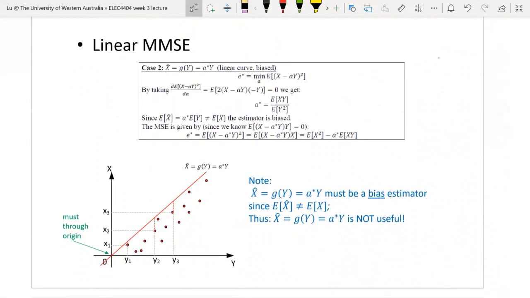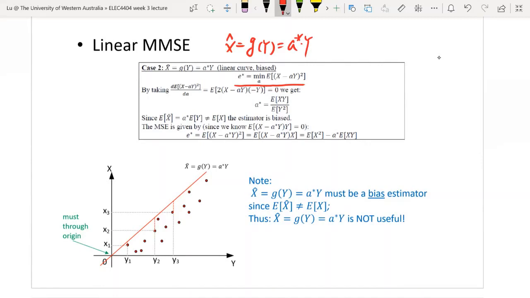This is the x hat equal to g(y) equals a star times y. A star means the best A, of course. Okay. This is a linear estimator, but biased. First of all, repeating what we have done before, we are going to evaluate the minimized mean square error. And in this case, the A will be determined.